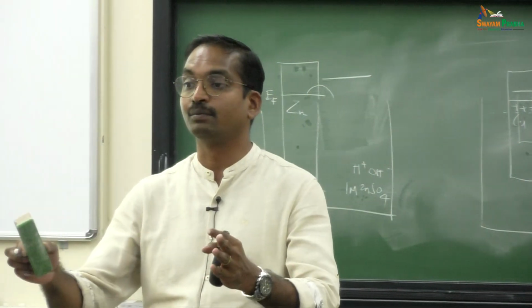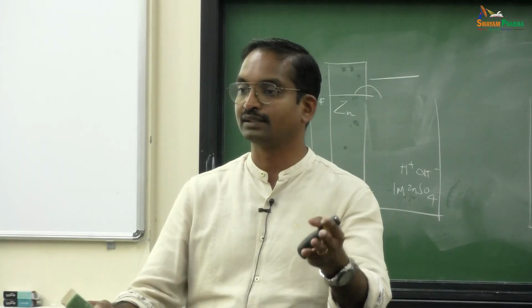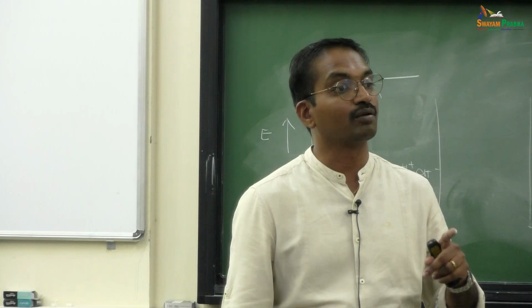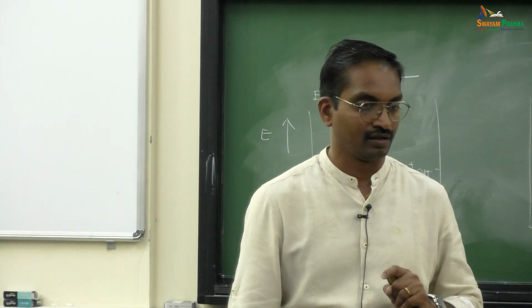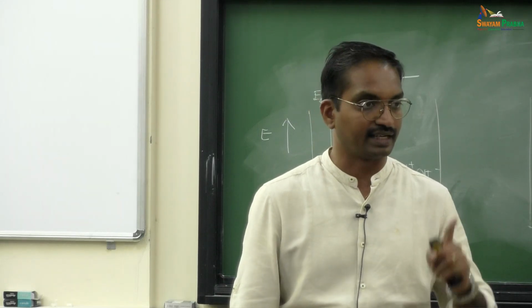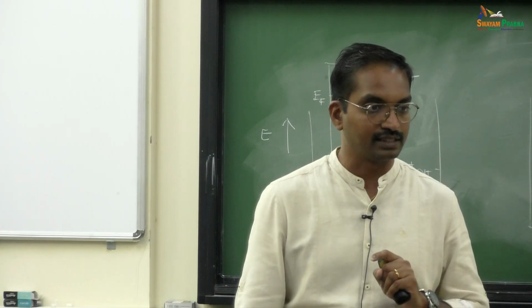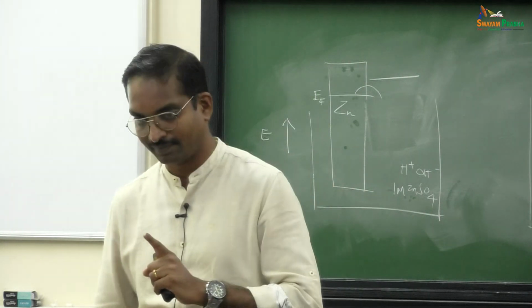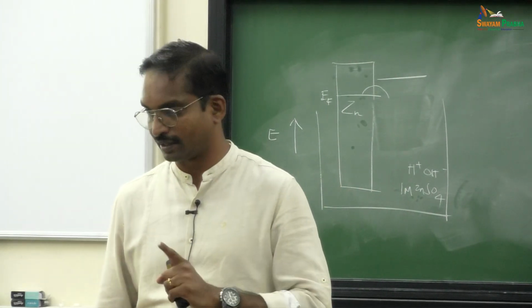We call it a double layer. There are two layers, one positive layer, one negative layer. This double layer causes the development of a potential. Somebody asked you what is E naught, that E naught is the potential that is generated because of this reaction. This is also called galvanic potential.